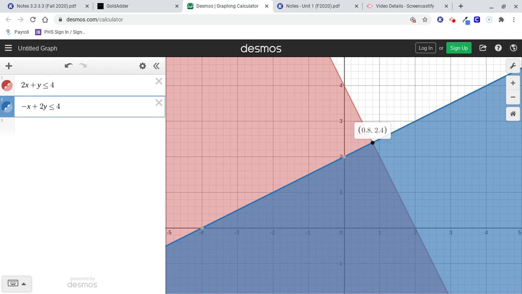With Desmos, you can just click there. Notice I just clicked there and it shows me that that intersection point is 0.8, 2.4. That's easier even than the Gauss-Jordan. You could do substitution, you could do elimination, you could do a lot of different things to find that intersection point, but that's probably going to be the easiest. 0.8, 2.4.